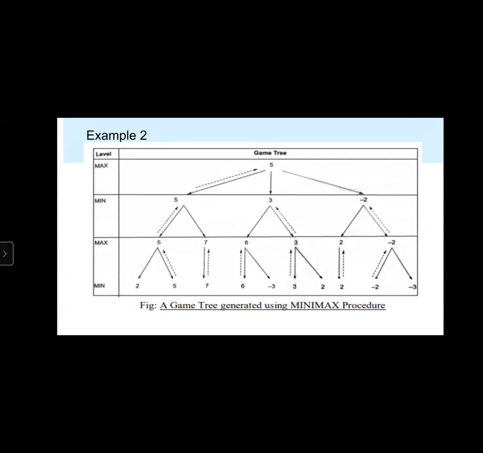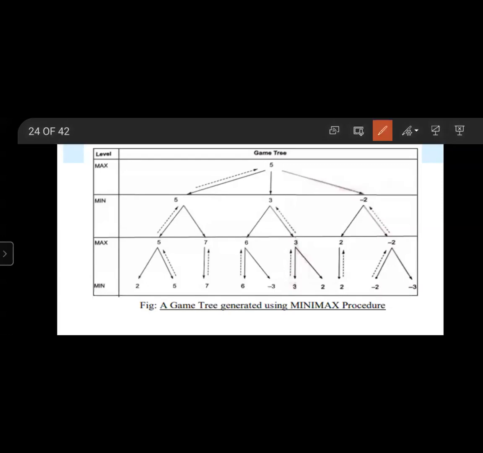First, the minimum: the min of 2, 5 equals 2. Then max: the max of 2, 6 equals 6, and of 2, 5 equals 5.